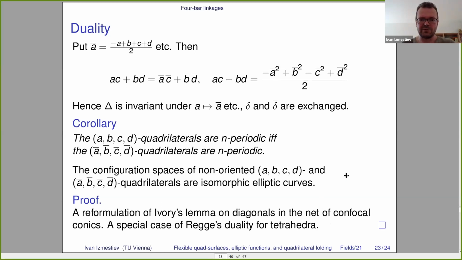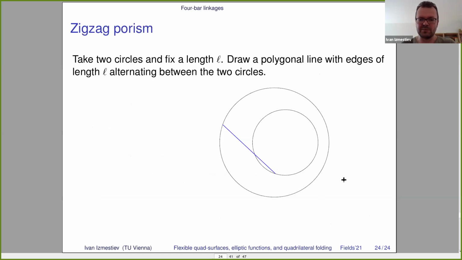Right, so that's the folding of quadrilaterals, and I finish with another very nice geometric fact, which turns out to be connected to what I spoke about. This is the so-called zigzag porism.